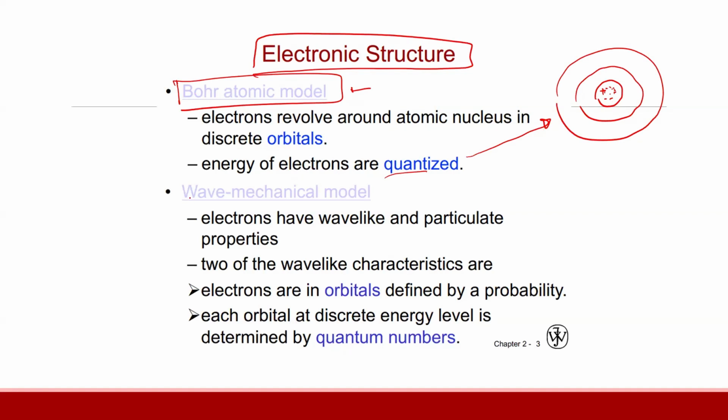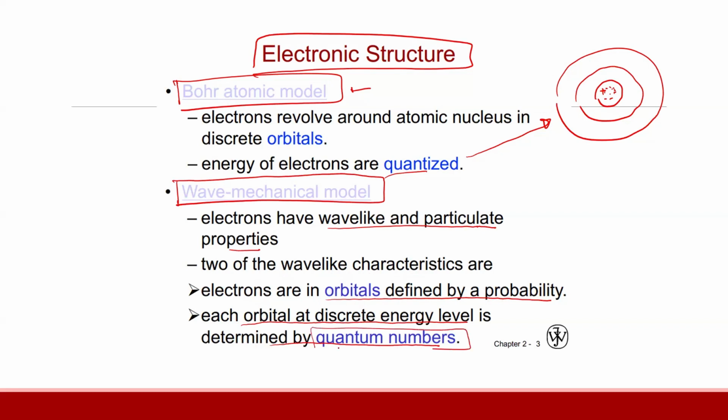And also the atoms, they have wave mechanical model. They sometimes act as a wave. So electrons have wave-like and particulate properties. Two of the wave-like characteristics are electrons are in orbitals defined by probability. Each orbital or discrete energy level is determined by quantum number. So when we consider the wave mechanical model, we consider this quantum physics.